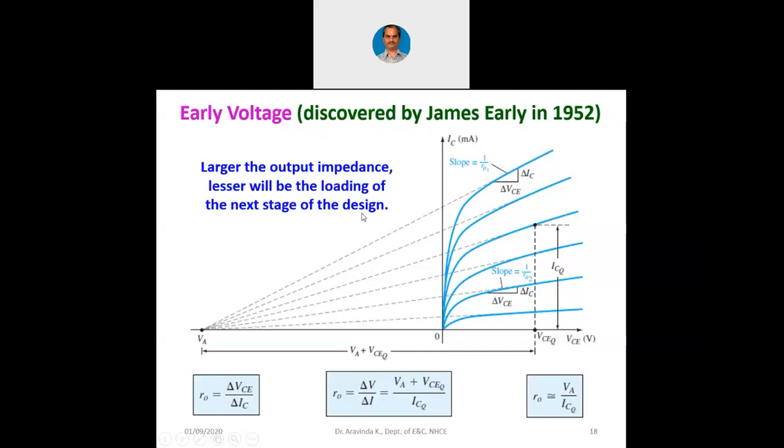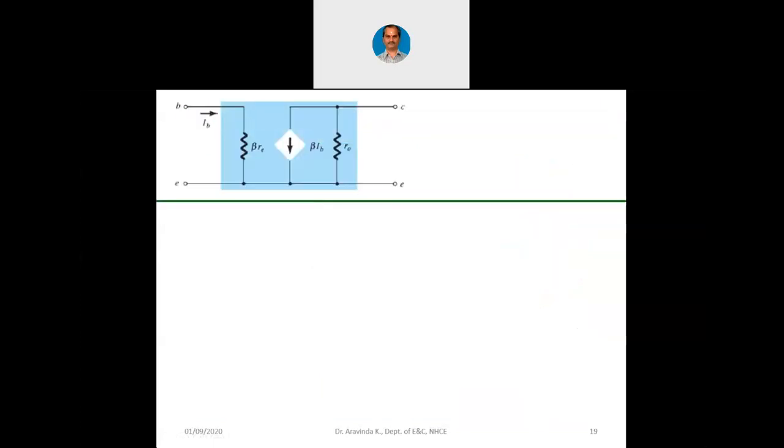In such a case, if the pre-amplifier has a larger R0, then it is better for us, because it will have lesser loading for the next stage, which is supposed to have a very high input impedance. This output impedance itself is going to work as the input impedance for the next stage. So, in such cases, we want a larger value of R0. Now, with this discussion, let me proceed.